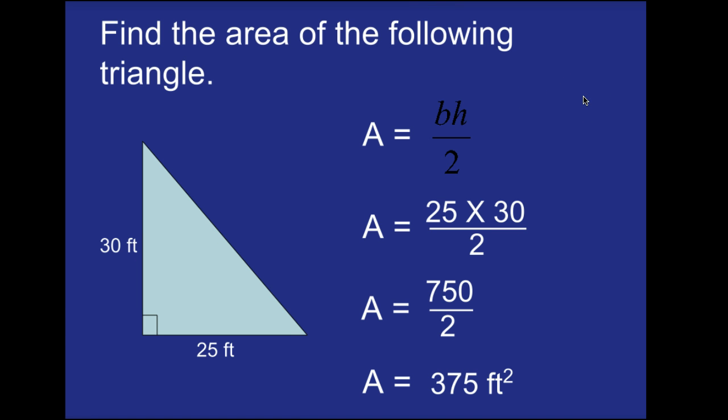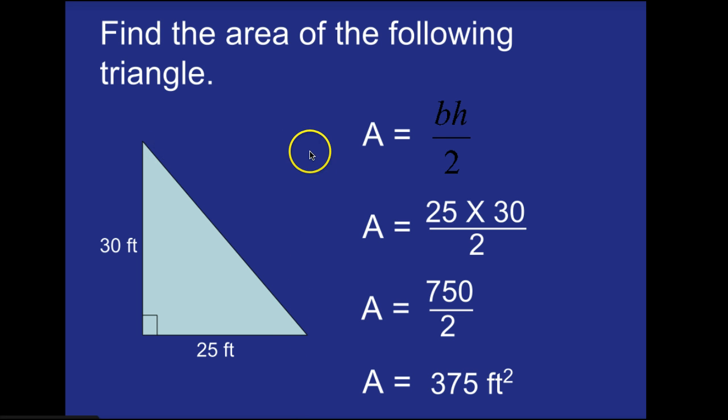So find the area of the following triangle. The base is 25, the height is 30. We know the height is 30 because that's where the right angle is coming off of. So we do base times height, so 25 times 30, and you are writing this down, 25 times 30 divided by 2, because right now it's just 30 times 25, which means it's a rectangle, and that's not what we're trying to find the area of.